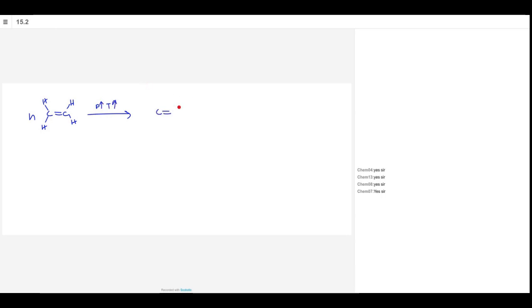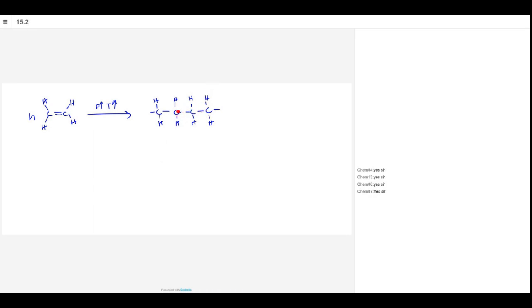I'm going to draw two ethene molecules next to each other. So you have the pi bond. This is an ethene molecule. What happens is that the pi bond of each ethene molecule breaks, and each carbon receives one electron, and you can see now this carbon has an unbonded electron as well as the other carbon.